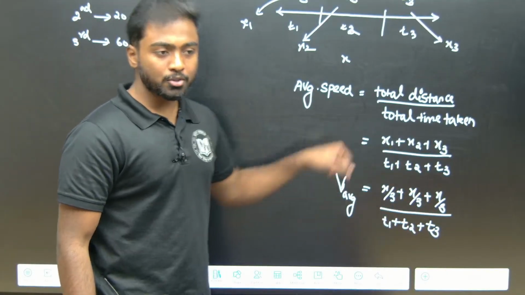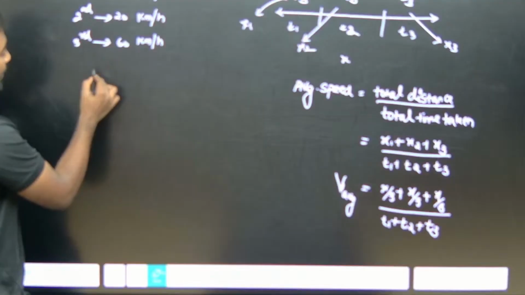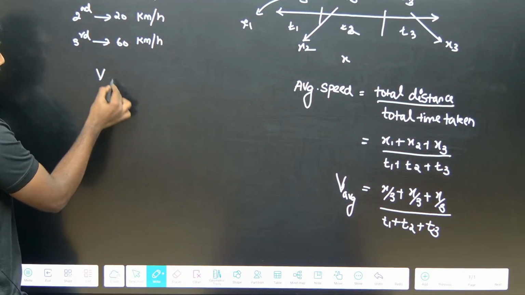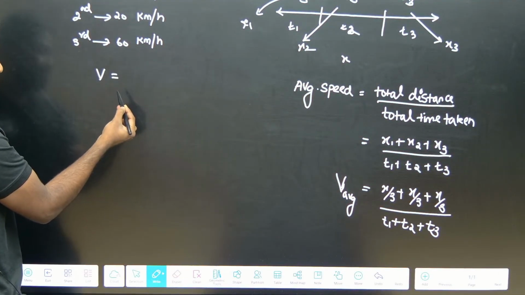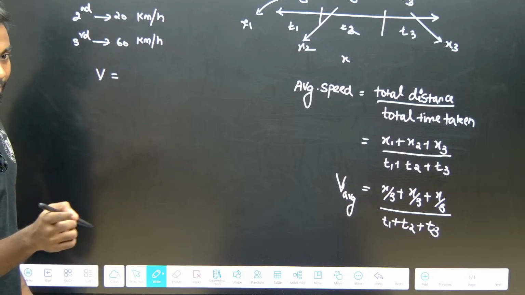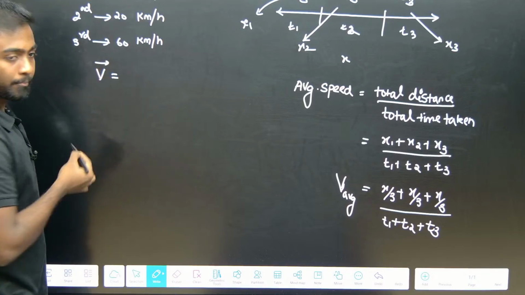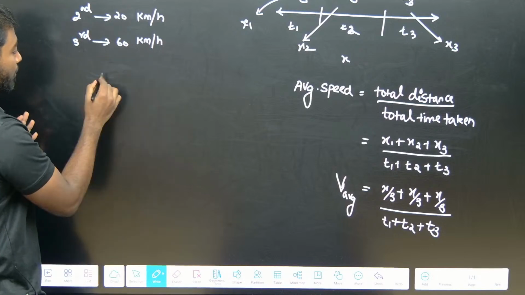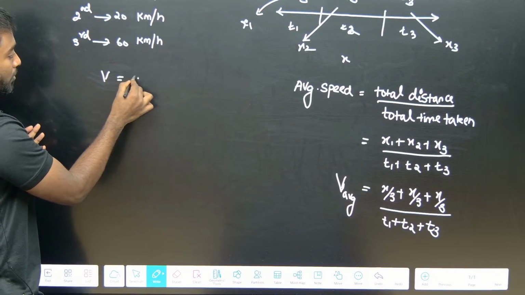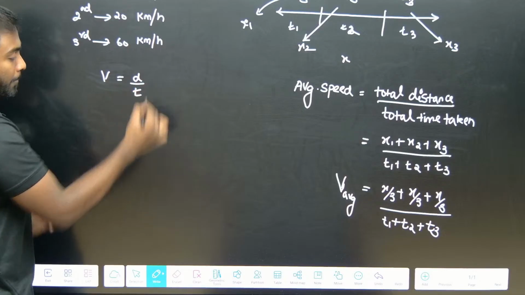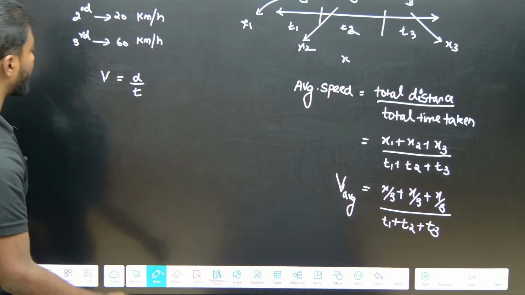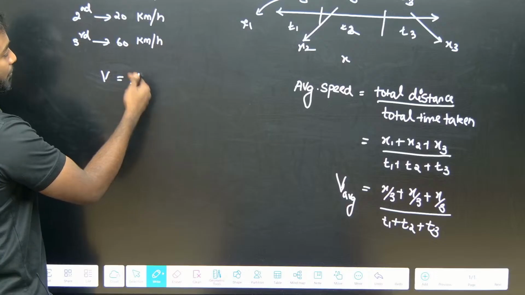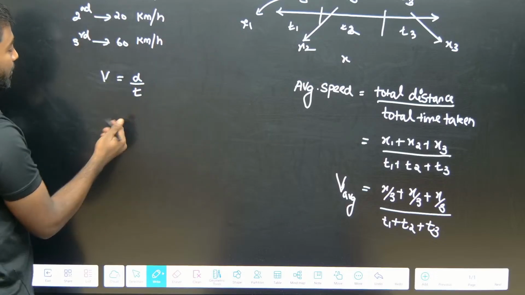Now when we are talking about velocity, vector should be mentioned. So we are talking about speed, so V should be equal to distance by time, right?